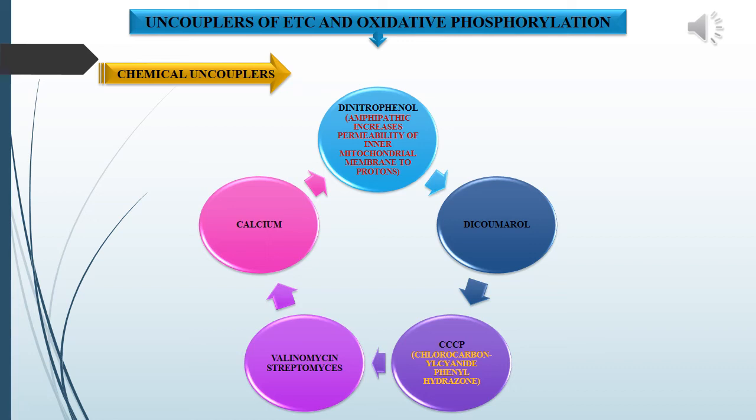Then next is valinomycin from Streptomyces. Then calcium. So these 5 compounds act as chemical uncouplers for ETC and oxidative phosphorylation.